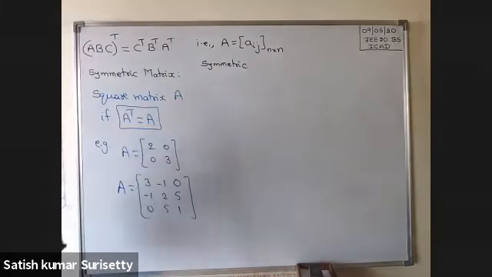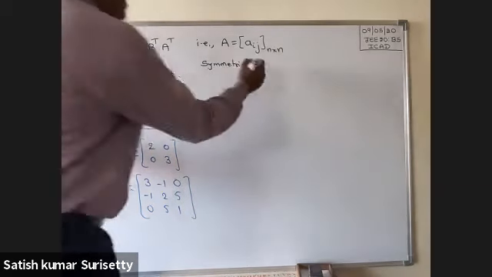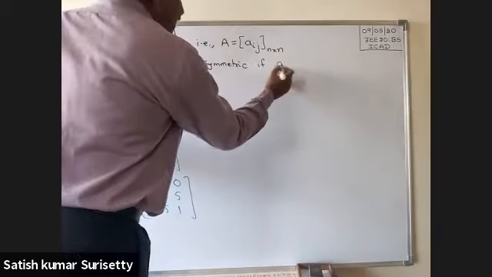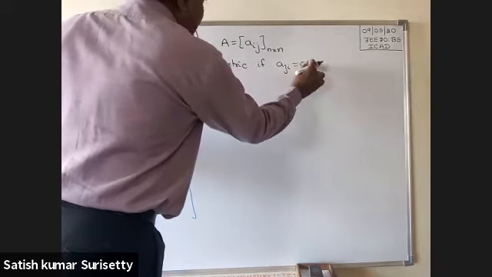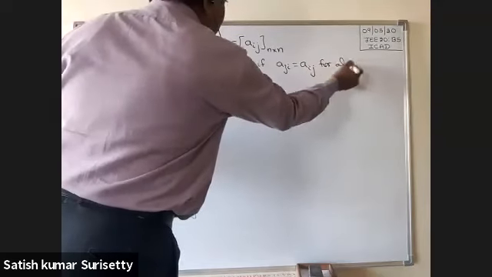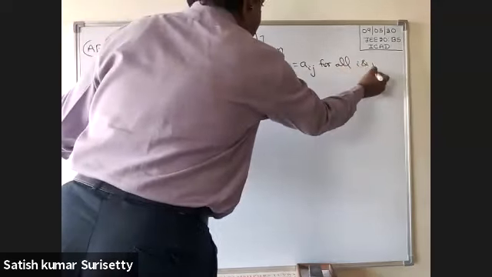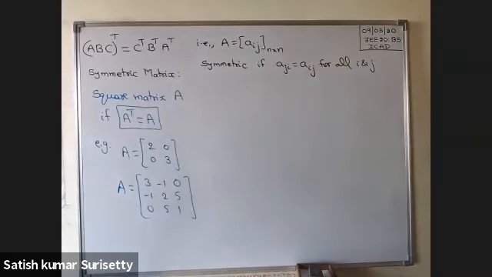A equal to Aij, n by n, is said to be symmetric if Aji equal to Aij for all i and j. Have you understood the mathematical definition? This is important. Aij must be equal to what? Aji for all i and j. That means i and j can be equal also.